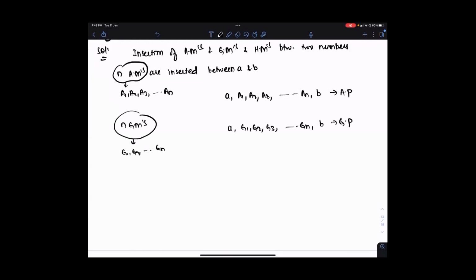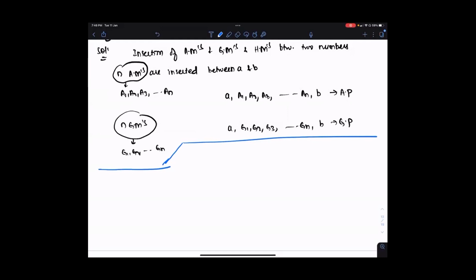Now some important AP formulas I'll give you, like shortcuts, because we'll use them here. In the same way, n harmonic means: A, H1, H2, H3, so on till Hn, comma B, they will be in HP.